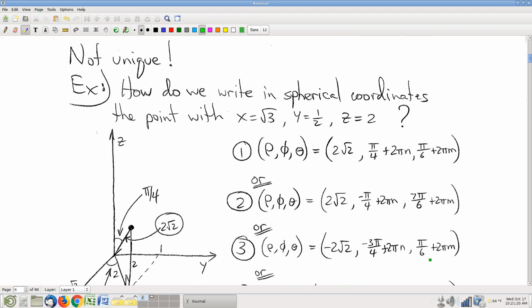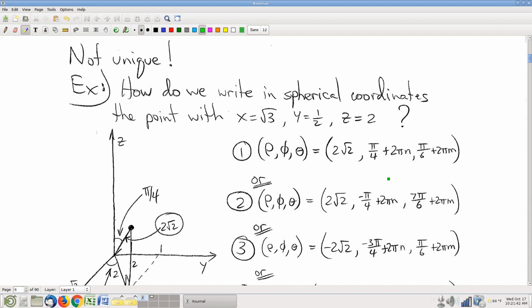So, just like with polar coordinates, they're not unique. Any given point has lots of spherical coordinates, infinitely many, in fact. Ignoring the whole plus 2 pi n thing, which always works, so let's agree that you can always add 2 pi to any angle, they're still not unique.